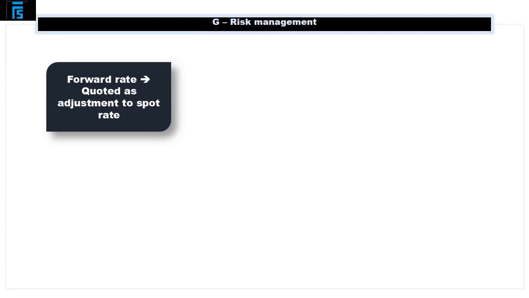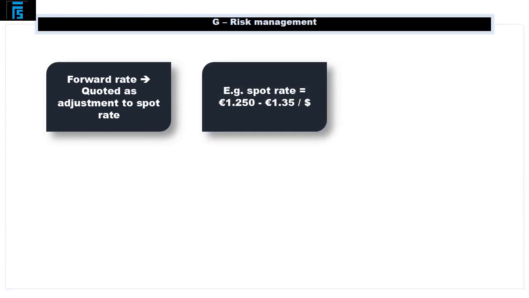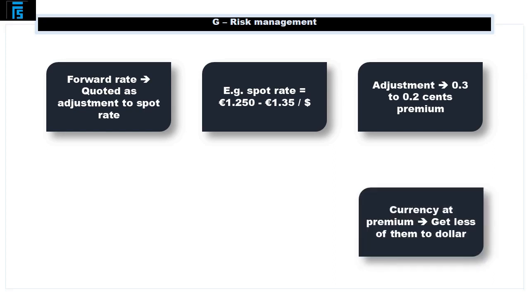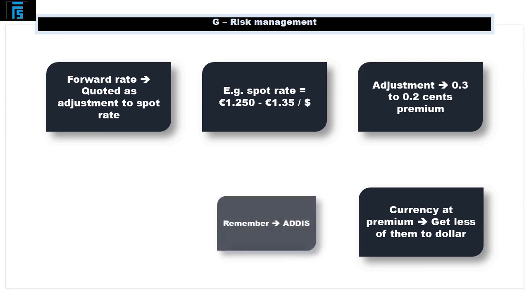Alternatively, the forward rate may be quoted as an adjustment to the spot. For example, today's spot rate may be 1.25 to 1.35 euros per dollar, with a forward adjustment of 0.3 to 0.2 cents premium. Firstly, a premium needs to be deducted from the spot rate and a discount needs to be added on.